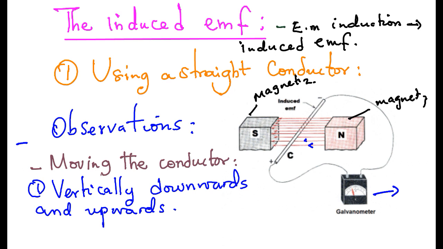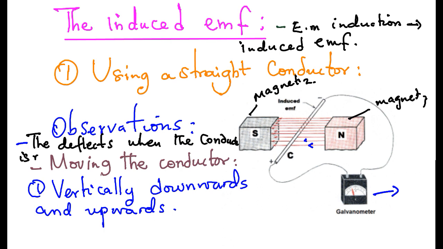So we say that the pointer deflects when the conductor is moved. The conductor can be moved in two ways: vertically downwards and then followed by upwards.